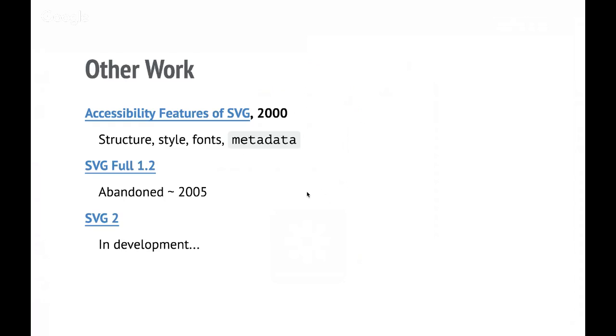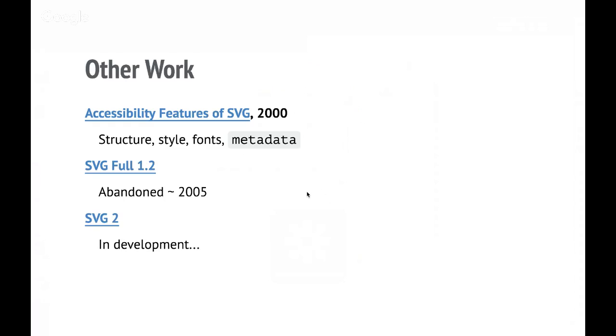There was other work that happened. A note called Accessibility Features of SVG, which was produced around 2000, and tried to explain how SVG might be good for accessibility. Unfortunately, at that time, a lot of the stuff was theoretical. Accessibility support in browsers was much weaker than it is now, and accessibility support of SVG was almost non-existent in practice.